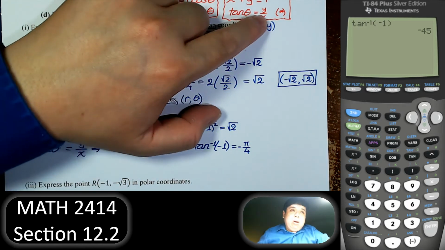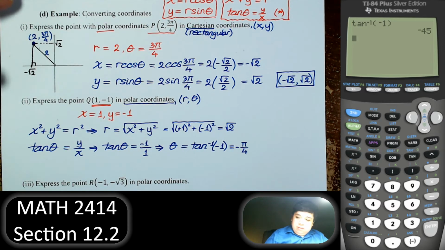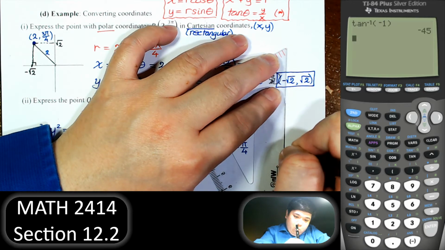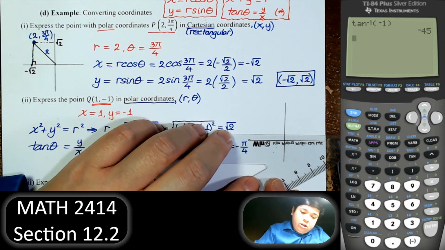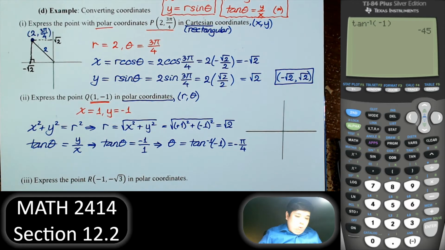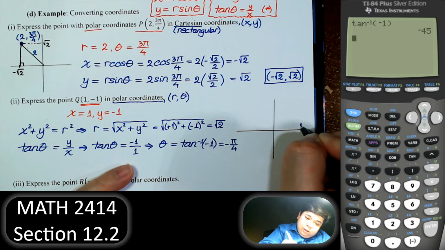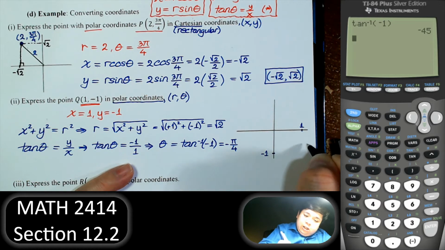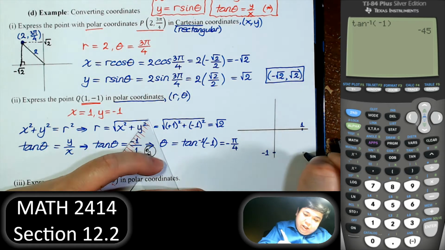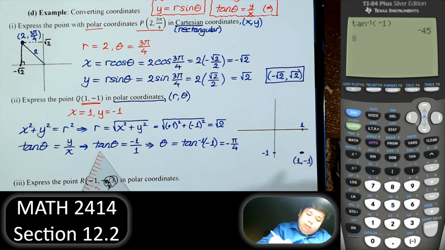Now, remember the asterisk. Every time we use that formula, just make sure that we check the quadrant. So, to check the quadrant, we don't have to do much. Right, 1 and negative 1, x equal to 1. Y equal to negative 1. So we're talking about this point. Yeah, about here. 1 and negative 1. Right.